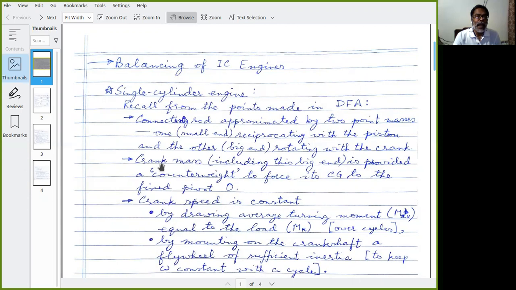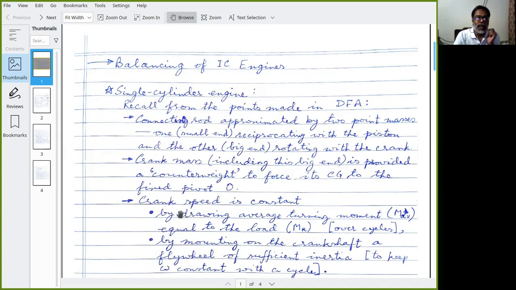Then the crank mass, including this big end from the connecting rod, is provided with a sufficient counterweight to force the center of mass of the whole thing right at the fixed pivot point, so that the CG of the so-called body does not move. So inertia force gets out of the business so far as the crank is concerned.